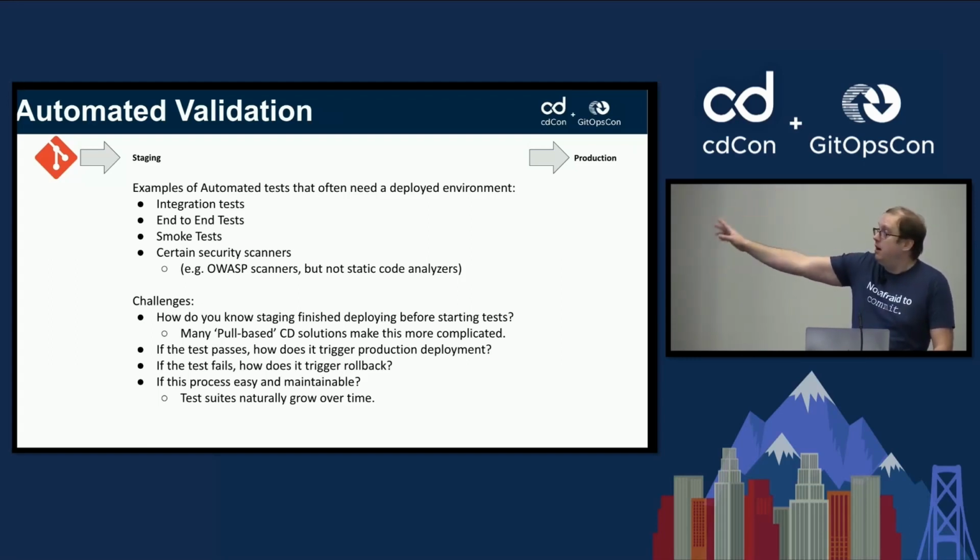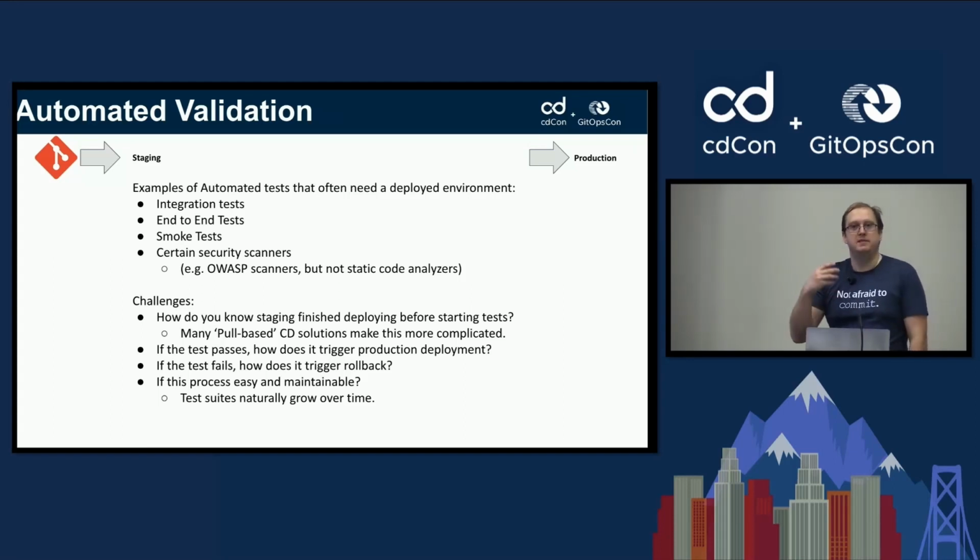There are a lot of tools where the question is, how do you know when it finished updating? So if you're on that pull-based model and it went and it updated staging, how do you know when it's time to go run the integration tests that need that environment to be deployed? Some of the tools have answers for that, some of them don't. If it doesn't have an answer, you're going to have to build it yourself. So make sure you think through that.